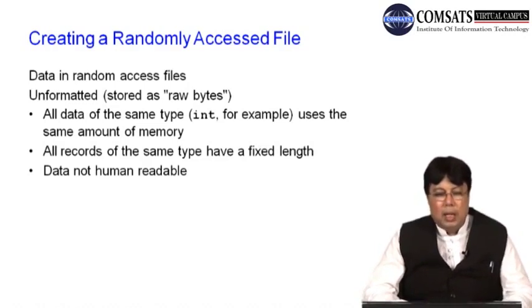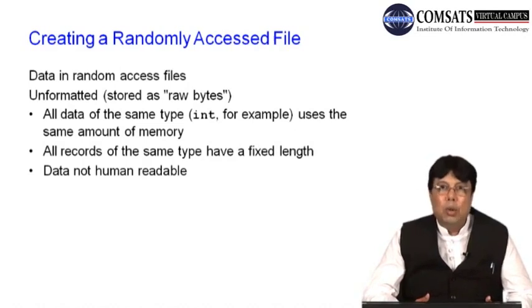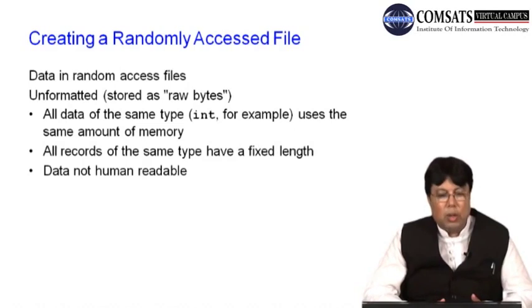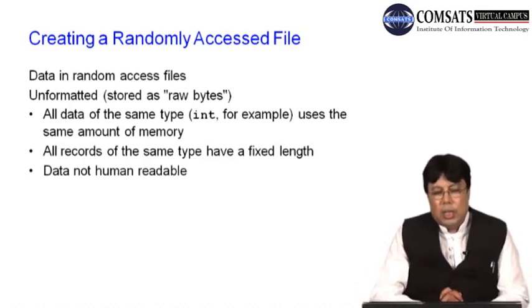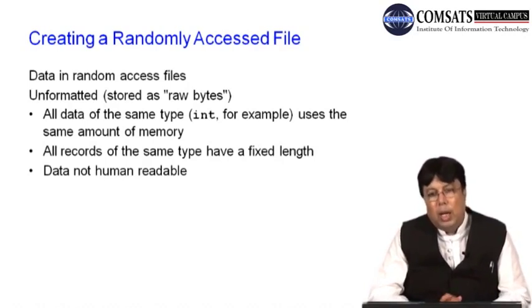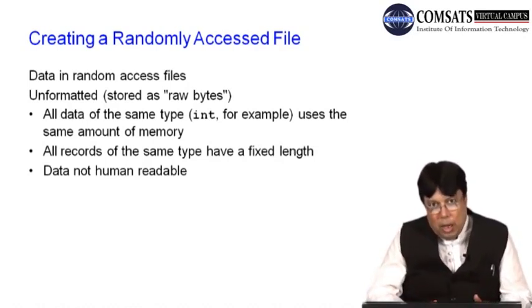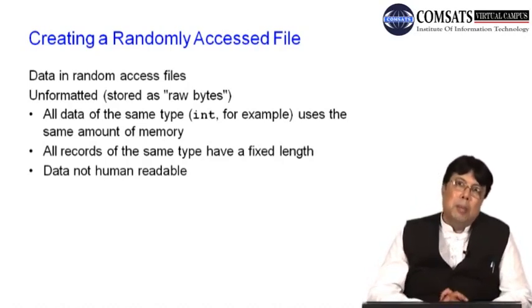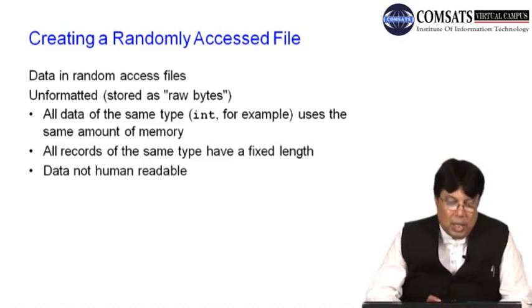It means the data is not readable by humans, because it is organized according to the internal structure of the data. So all the data of the same type, integer for example, uses the same amount of memory. So all records of the structured data will use the same structure, the same data type for each member, and it means that you can easily compute the size of each element.